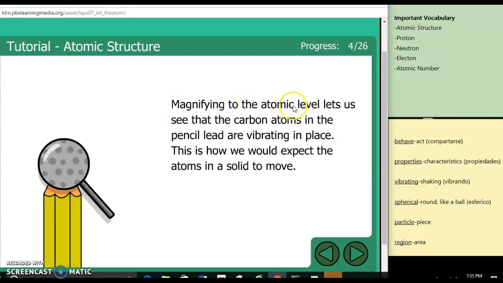Magnifying to the atomic level, very, very small, lets us see that the carbon atoms in the pencil lead are vibrating, shaking, in place. This is how we would expect the atoms in a solid to move.